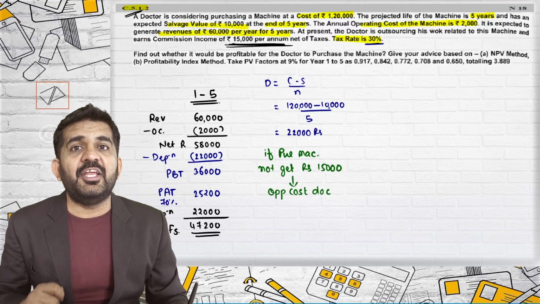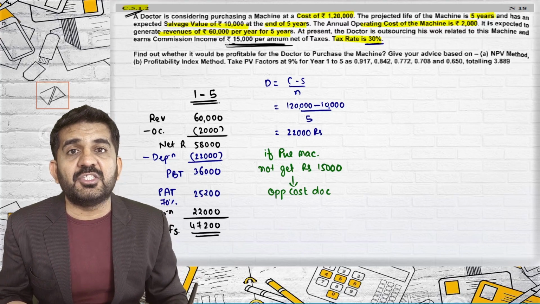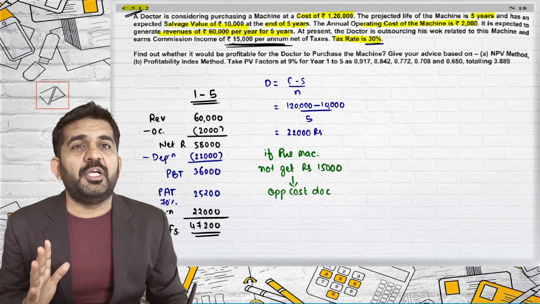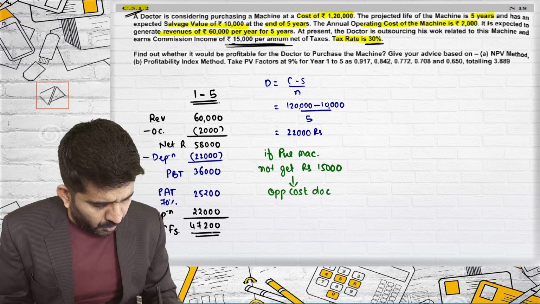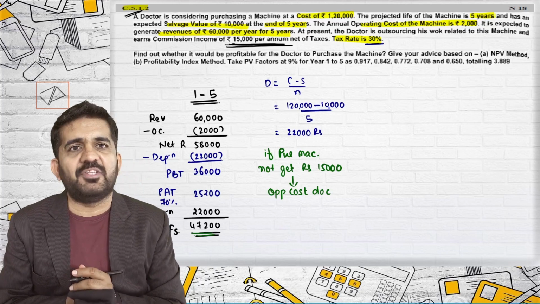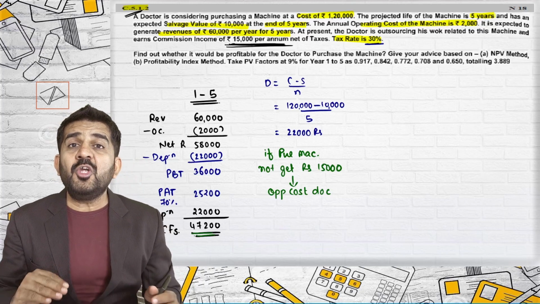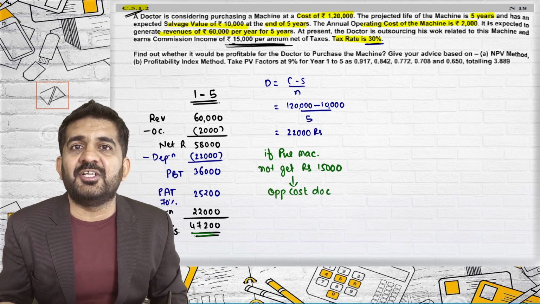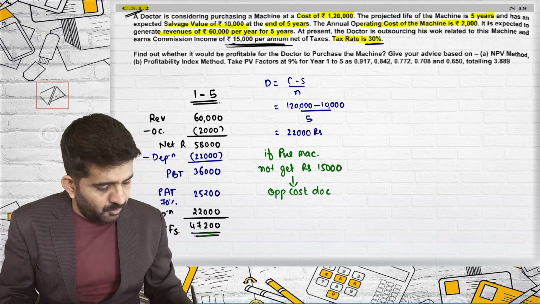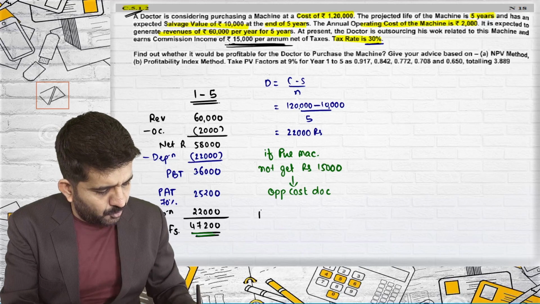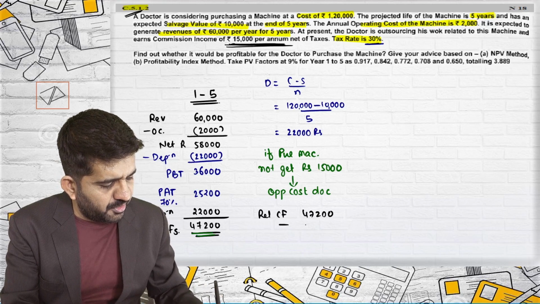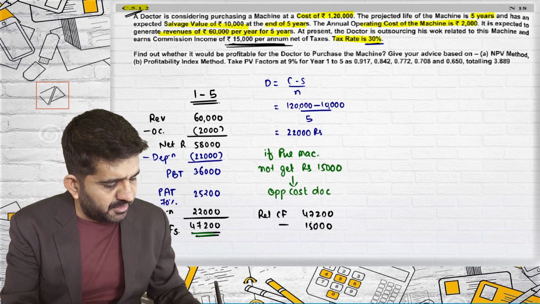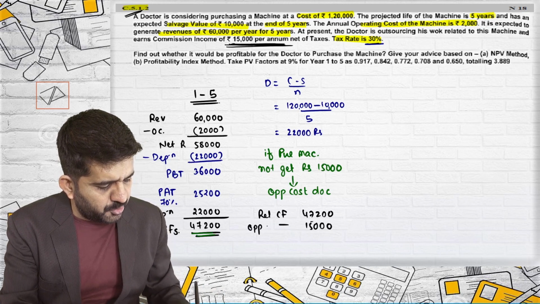Are we taking any decision? Yes, we are taking some decision. Then opportunity cost should always be considered. Try to understand what cash flow you are getting: 47,200. What you would have got if you had not taken the decision? 15,000. Then what is your relevant cash flow? Relevant cash flow will be 47,200 minus 15,000. See, I am considering opportunity cost.